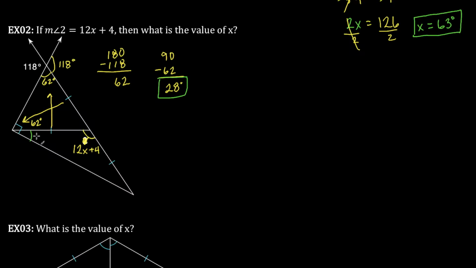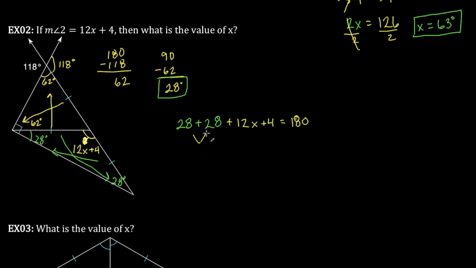That means this is 28 degrees, and if that's the same as that, then 28 plus 28 plus the 12x plus 4 will give me 180 degrees.